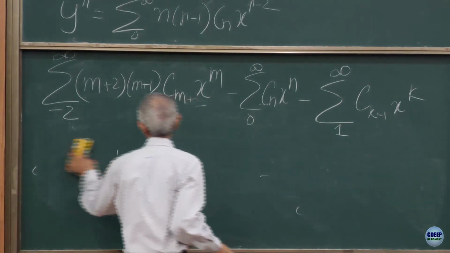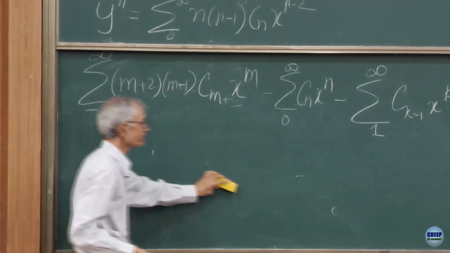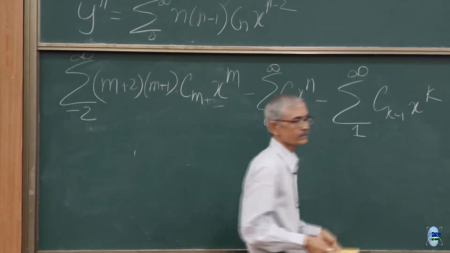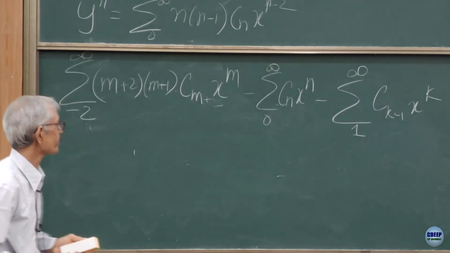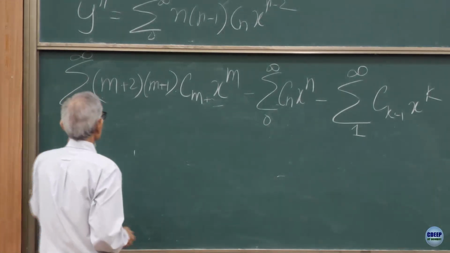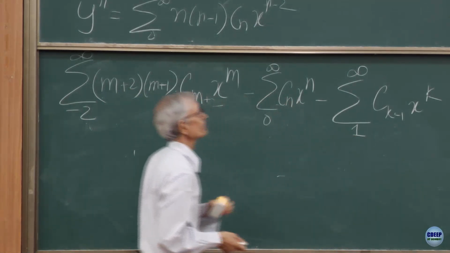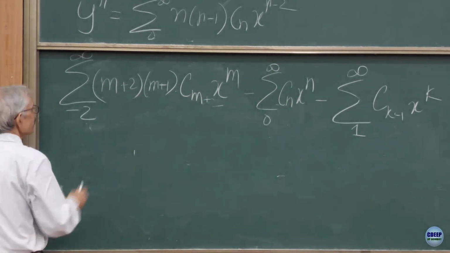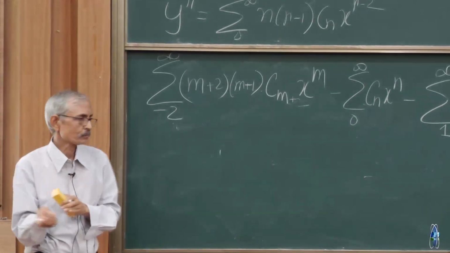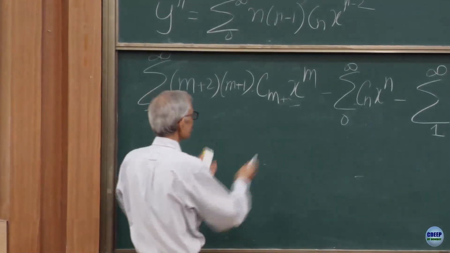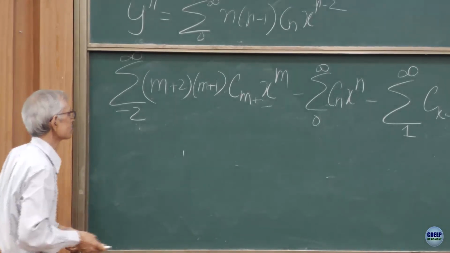So now what we say is, I've got all these terms, they all look a little bit different, but we would like to homogenize this particular equation so that we can add them up. Okay. So this one goes from minus 2, this one goes from 0, this one goes from 1, and we would like for everybody to go from the same lower limit to the higher limit, so that we can club all the terms together.